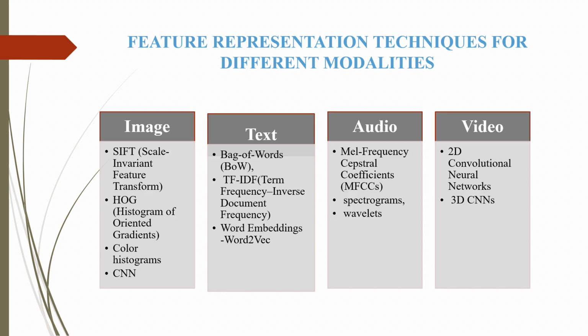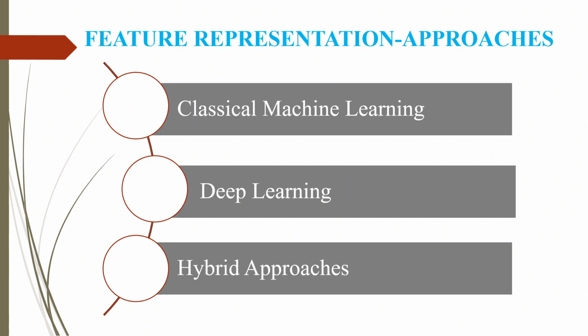Same way, for audio, MFCC (Mel frequency cepstral coefficients), spectrograms, wavelet. Similarly, for video, 2D convolutional neural network, 3D convolutional neural network. So we have these for representing or extracting the features. We can adopt all these methodologies for extracting the image data, textual data, audio and video.